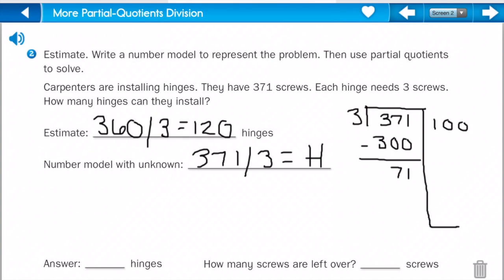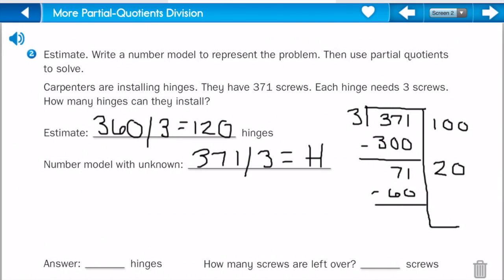Now, what can I multiply 3 times to get really close to 71? Well, I'm going to use 20 next, because I know that 3 times 2 equals 6, and then if I add my 0, that equals 60. My goal is to get as close to the number as I can without going over.